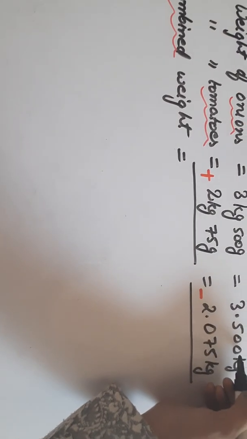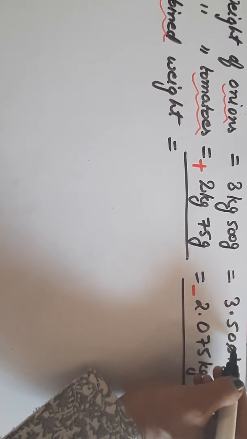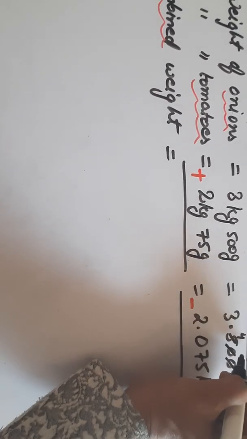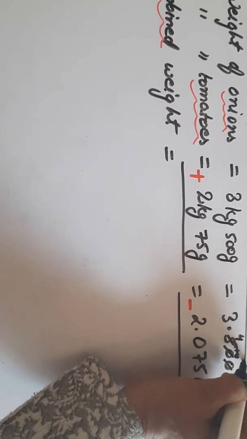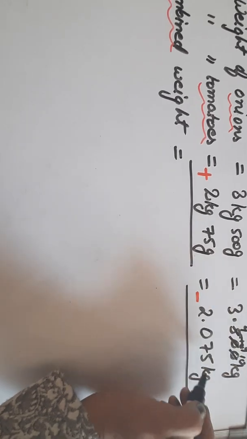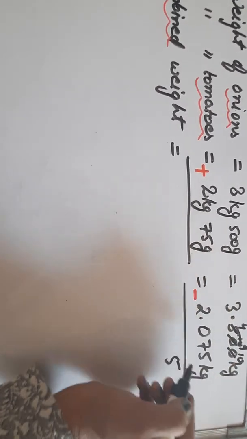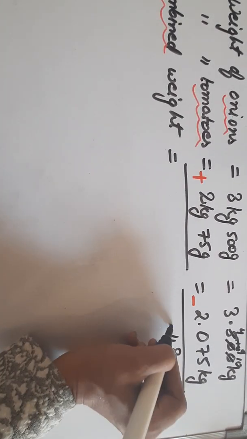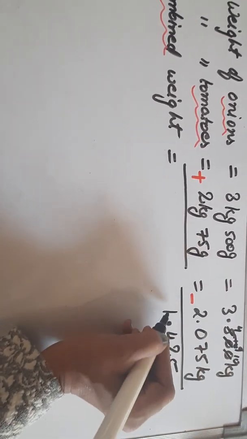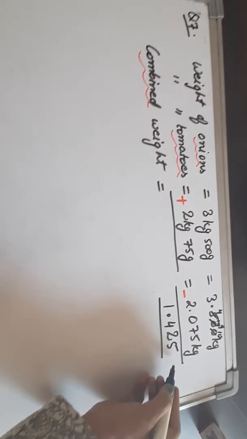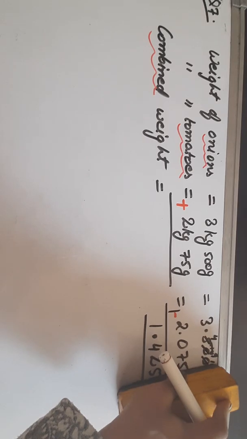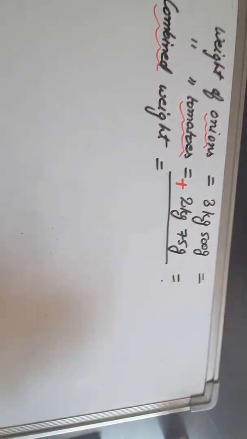Now let us subtract the two to get their combined weight, right? So let us see, 0 is there, no value, 0 minus 5, it has to take 1 carry. So it will be left with 1, 10. 10 will give, left with 9, it will become 10 minus 5 is 5, 9 minus 7 is 2, 4 minus 0 is 4, 3 minus 2 is 1. So the combined weight of, we have to add it. I have subtracted, sorry.